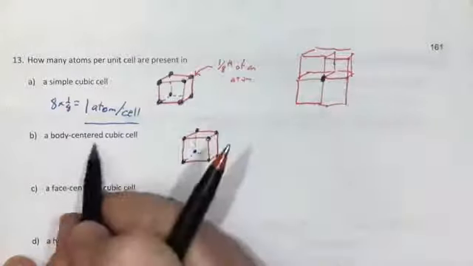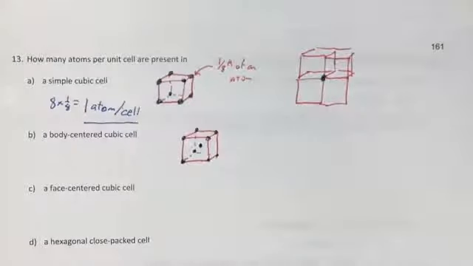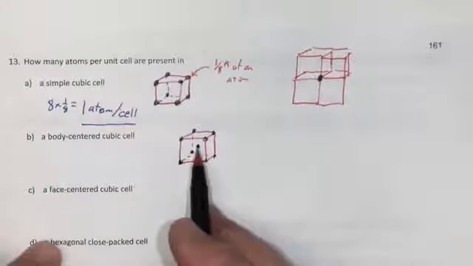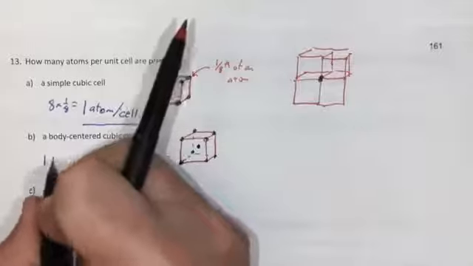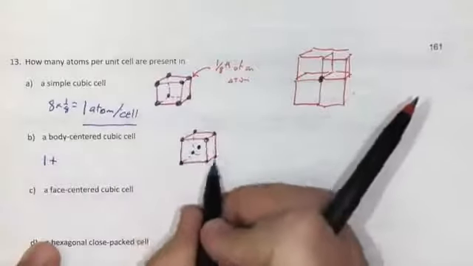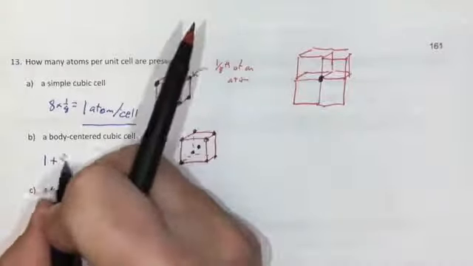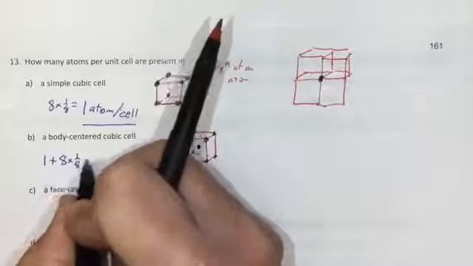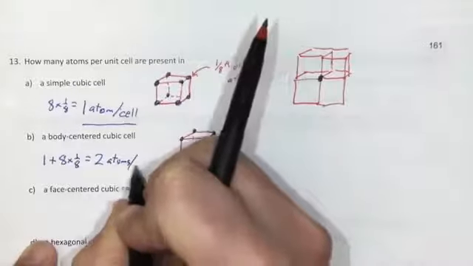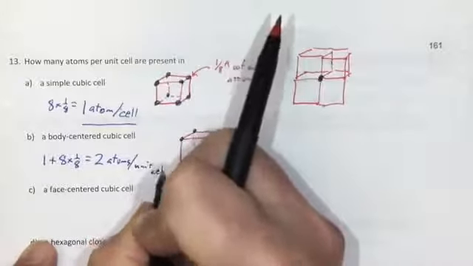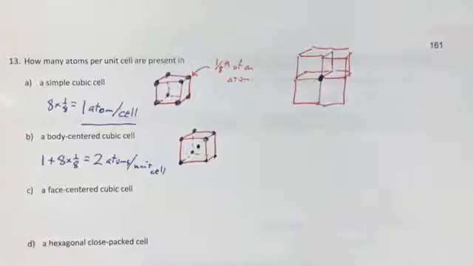But in a body-centered cubic cell, there's another atom dead center in the middle of that cube. So as I look at this one, how many atoms per unit cell? First of all, we have the one in the middle, so there's 1, plus at each corner there's 1/8 of an atom, 8 times 1/8. And so that adds up to 2 atoms per unit cell.